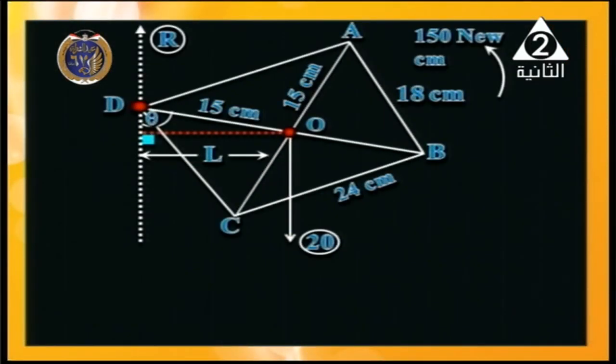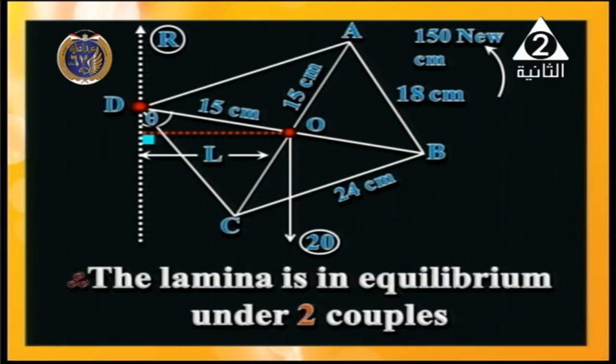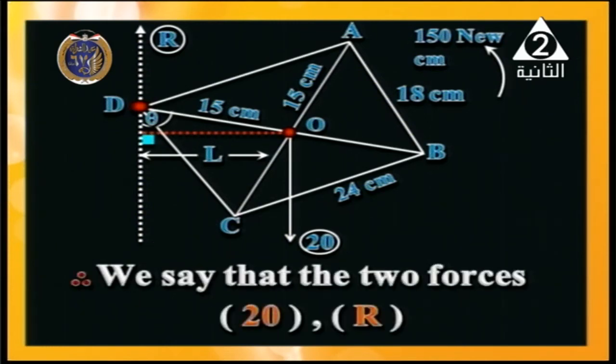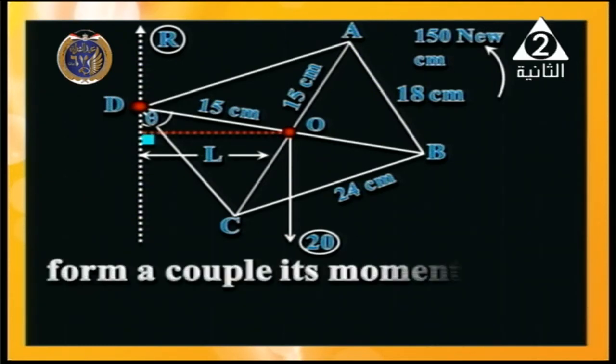My dear student, look at lamina ABCD suspended from point D. The lamina is in equilibrium under two couples. Therefore, we say that the two forces 20 and R form a couple. Its moment is 150.